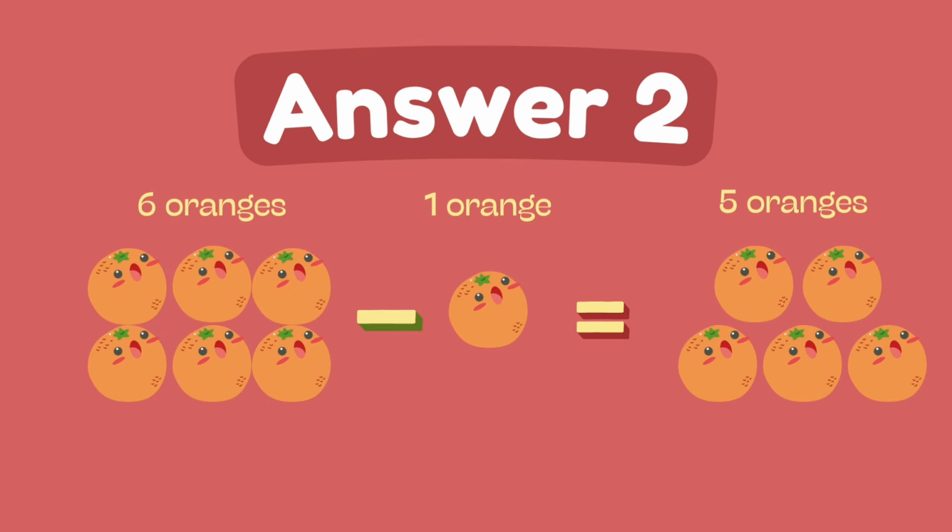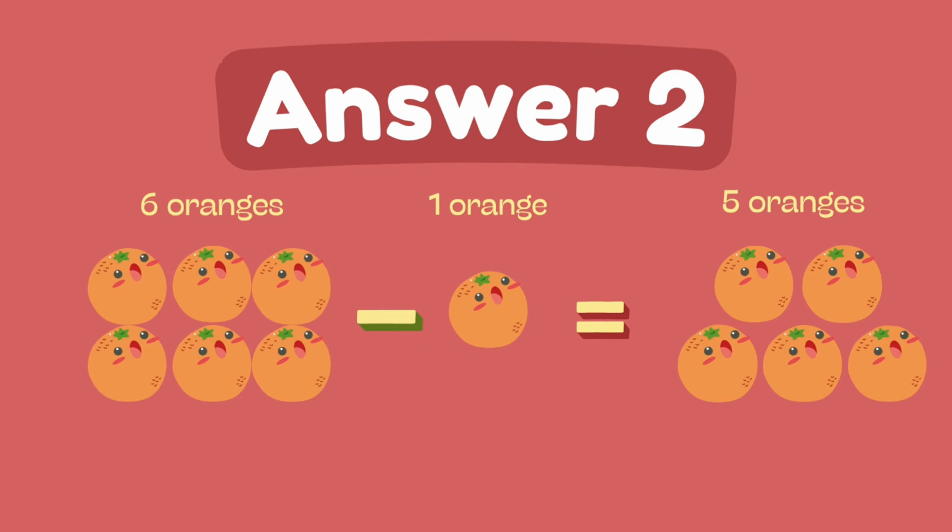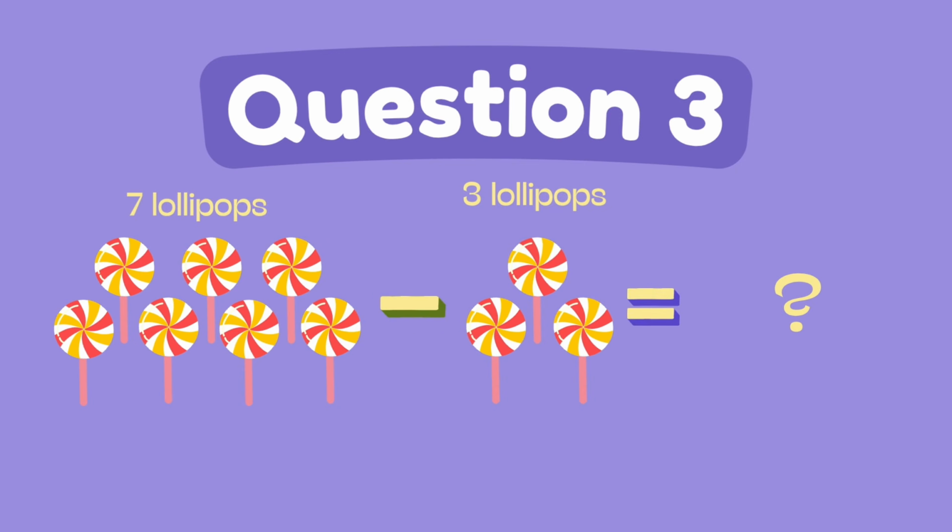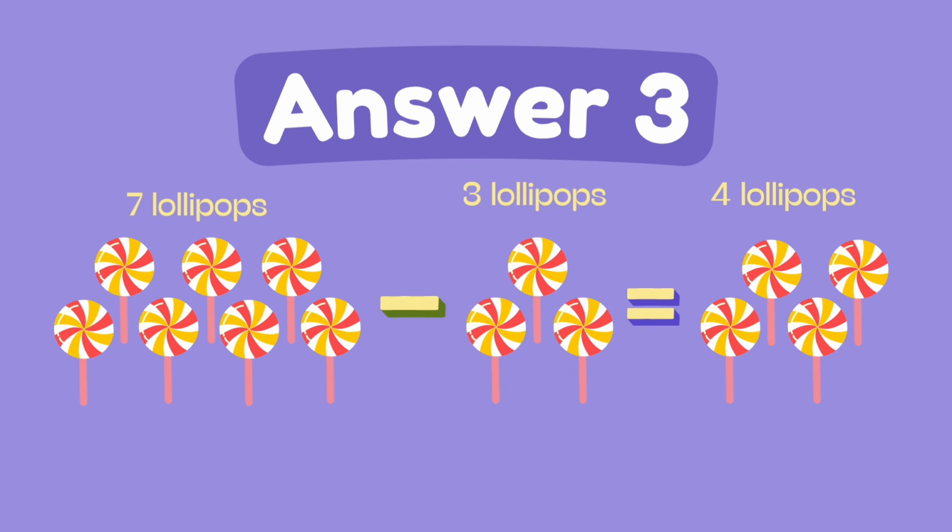The answer is 1. What is 7 minus 3? The answer is 4.